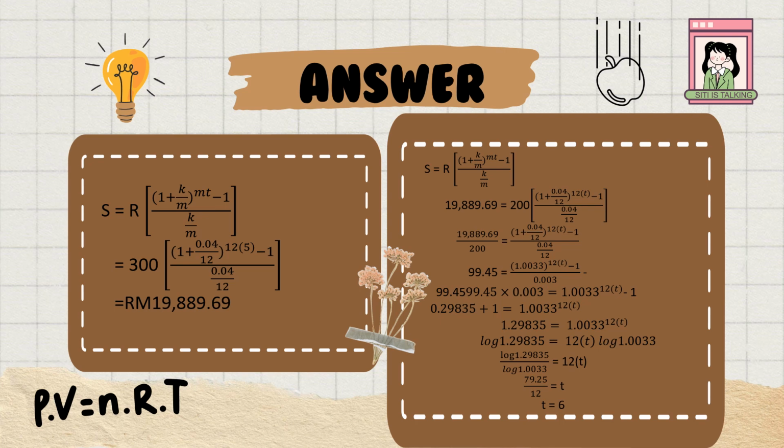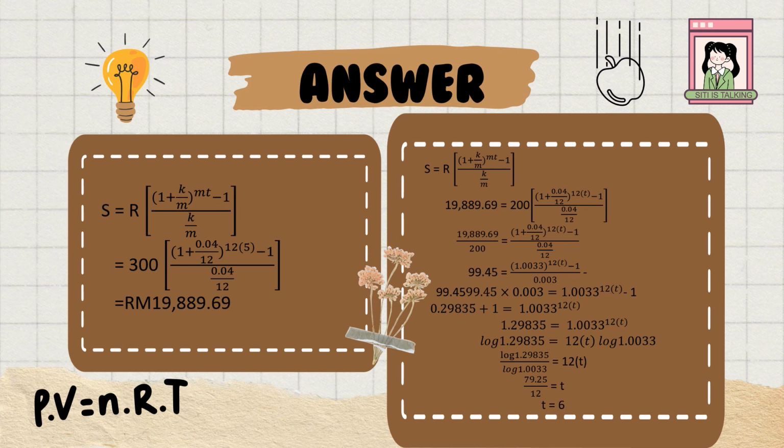Furthermore, 19,889.69 ringgit Malaysia equals 200 multiply open bracket 1 plus 0.04 over 12 to the power of 12 multiply T. Then deduct the answer with 1 and divide by 0.04 over 12.